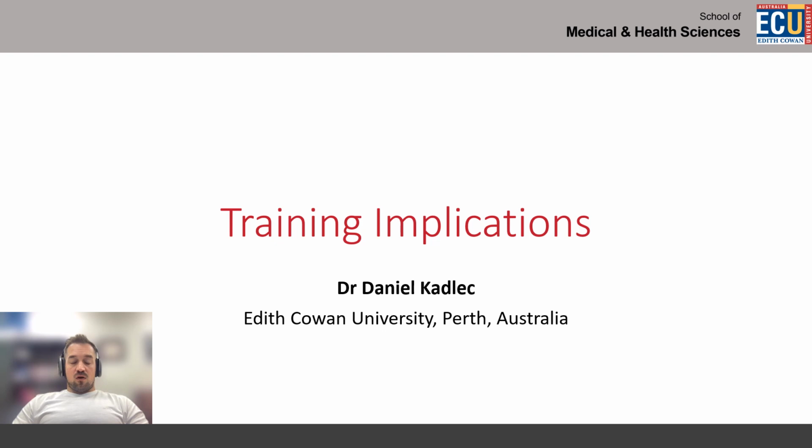Welcome to the second part of this lecture, where we'll be looking at the training implications on how to get athletes faster based on what we saw in the first part of the lecture.